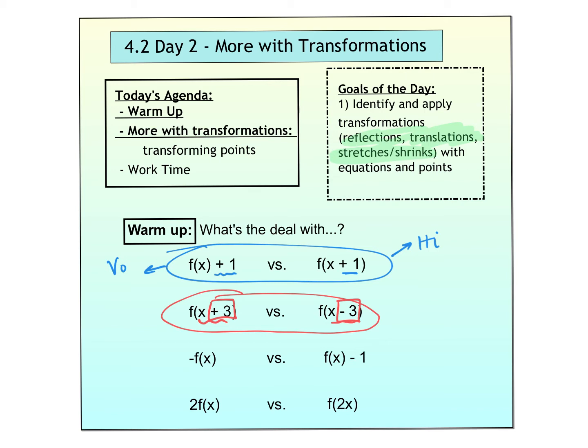Since both operations are addition, these are both going to be translations. The difference is the direction. So remember, horizontal transformations are always going to be opposite of what you expect. So the x minus 3 is going to move it to the right 3 units, whereas the x plus 3 is going to move it to the left.